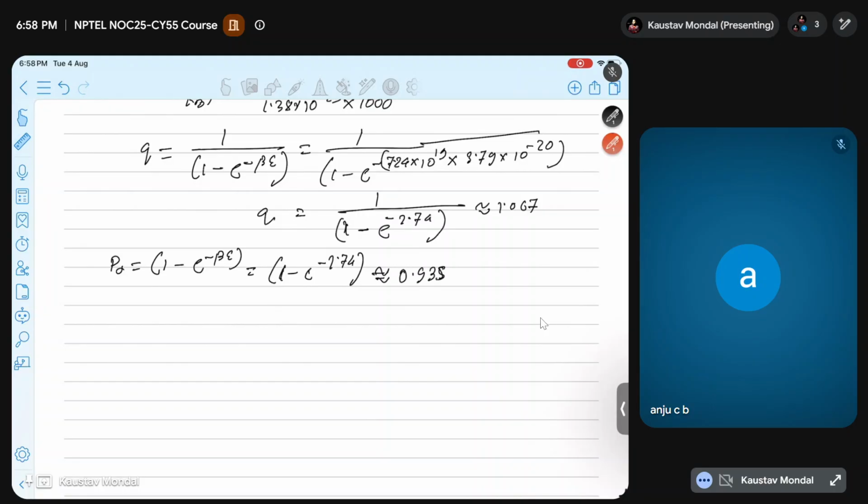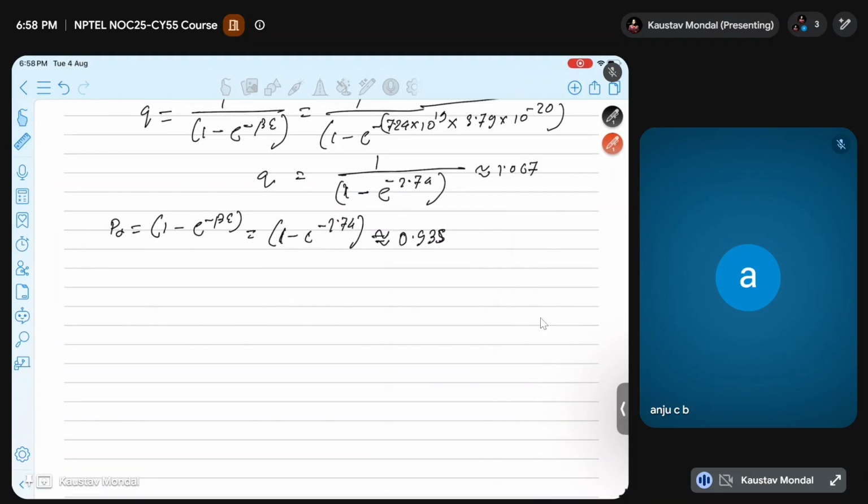As you can see, it's not like the earlier problems where we observed 99% of the molecules in the ground state. Here you can see a noticeable change: 93% of the molecules are in the ground state, and the rest, around 6%, are in the excited states.